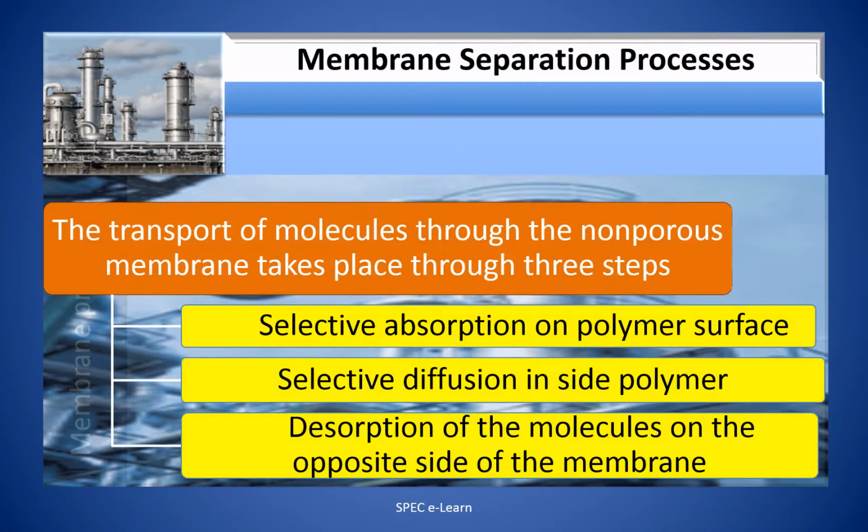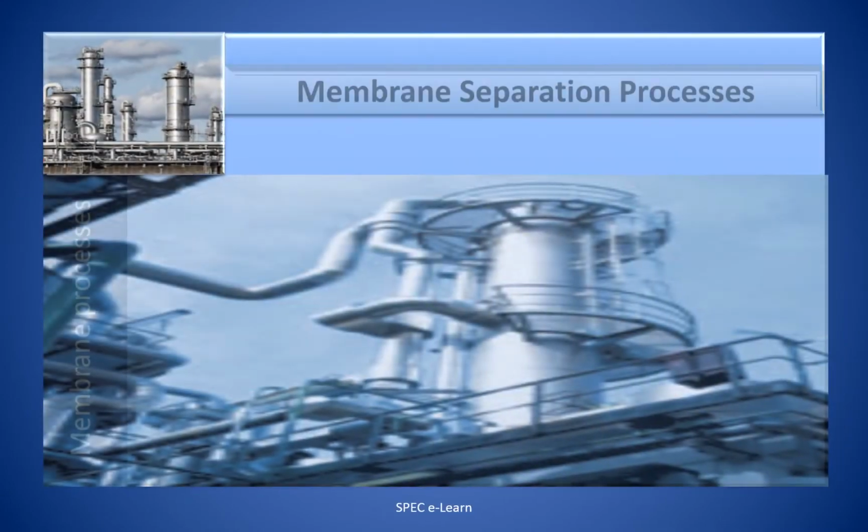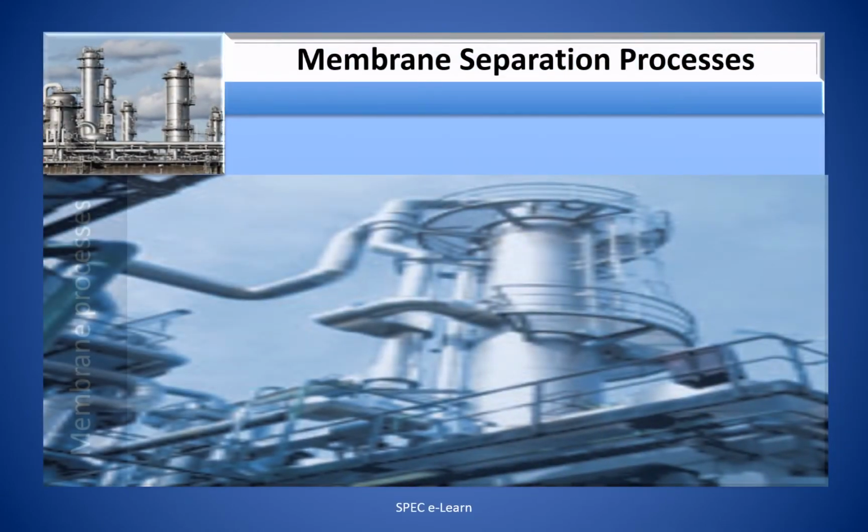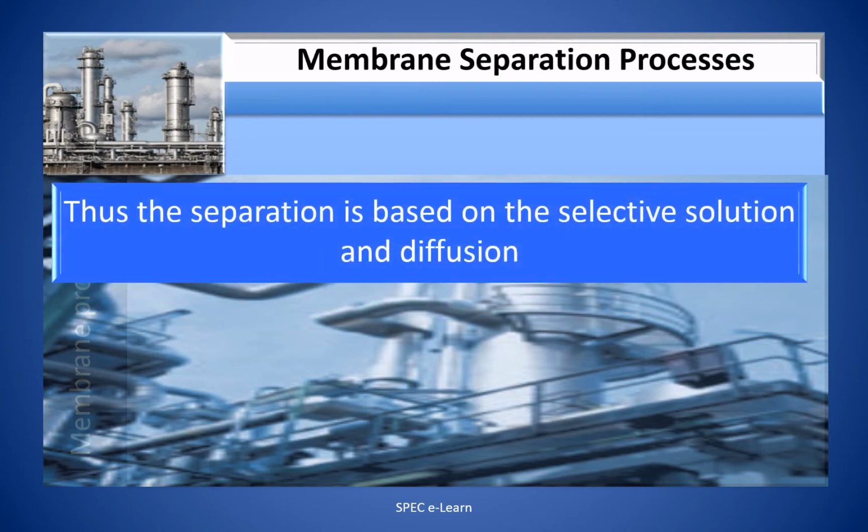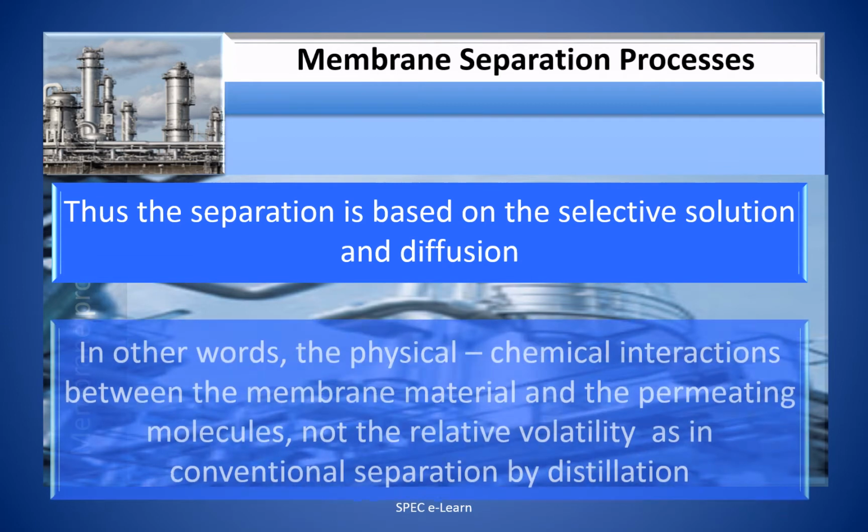The transport of molecules through the non-porous membrane takes place through three steps: selective absorption on polymer surface, selective diffusion inside polymer, desorption of the molecules on the opposite side of the membrane. Thus, the separation in a non-porous membrane is based on the selective solution and diffusion.